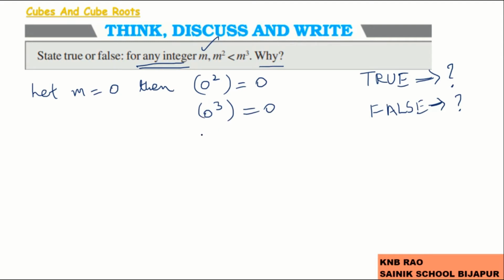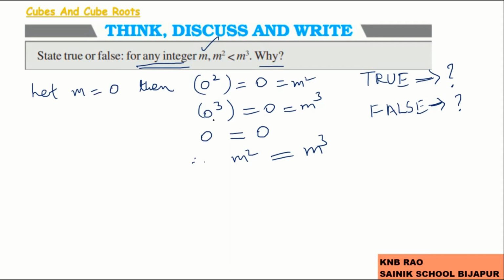Here 0 is equal to 0. This m square is equal to m cube. Here m square is equal to m cube.